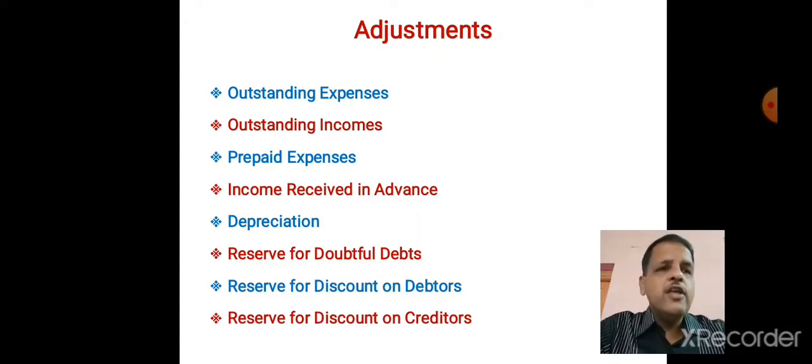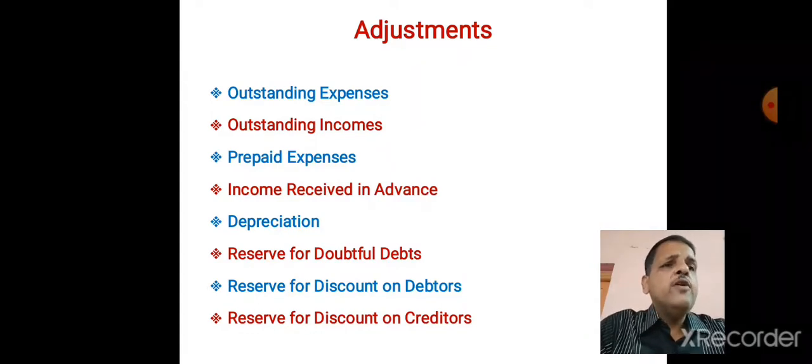In that case, we have to see whether old RDD is given on the credit side of our trial balance, whether bad debts written off is given on the debit side of the trial balance, or maybe in adjustments, write off bad debt rupees 2000 like that.